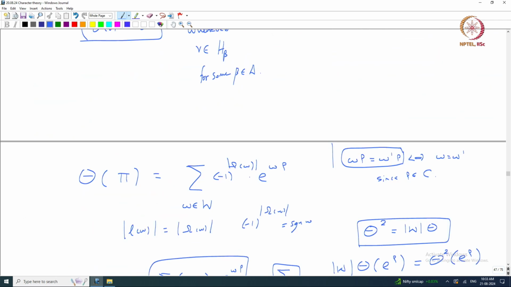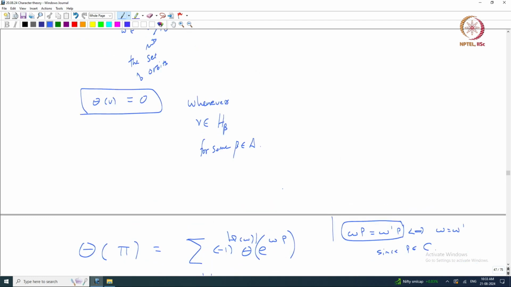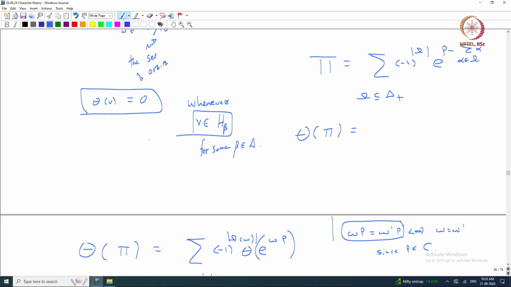Here I am supposed to apply theta. This theta of pi is supposed to be theta of this, because we are looking at pi, which is the summation of minus 1 power the cardinality of omega, e power rho minus summation alpha, alpha in omega, where omega runs over all delta plus. Now, if I apply theta of pi, whenever it comes from the hyperplane it becomes 0, or otherwise this is going to be of the form W rho.